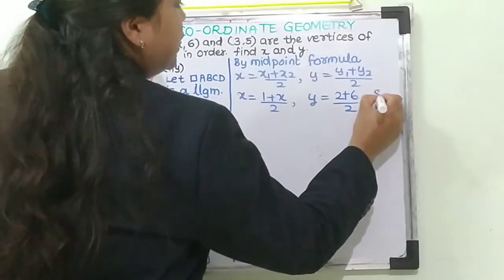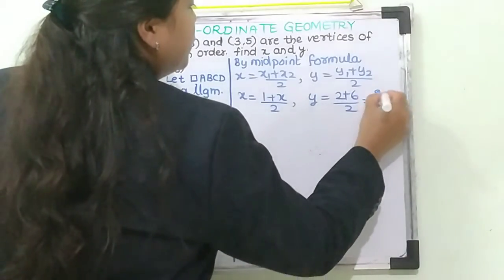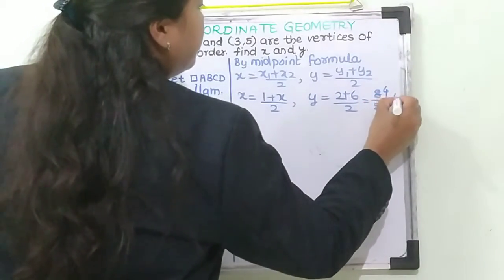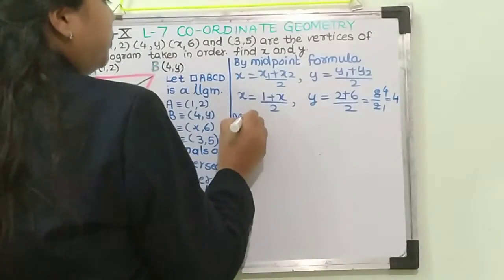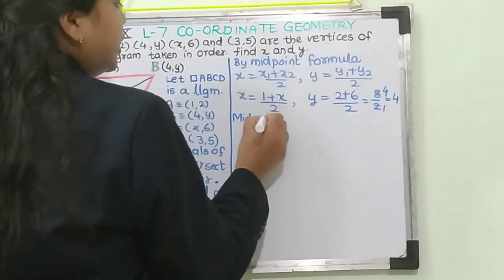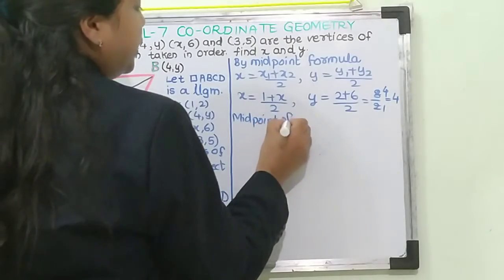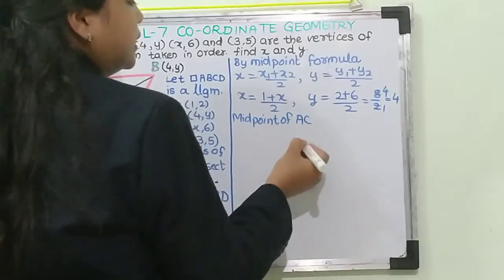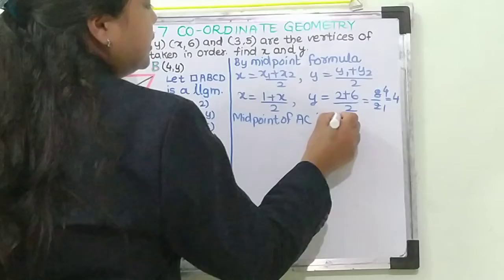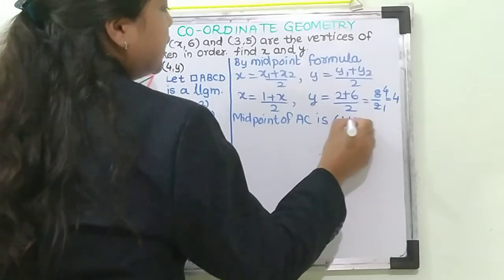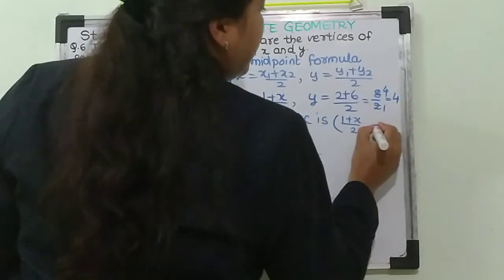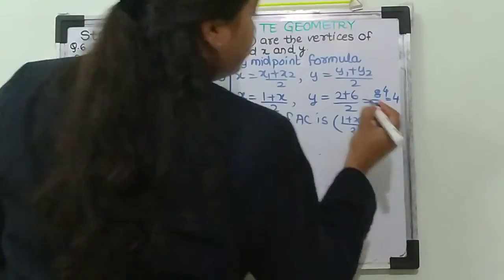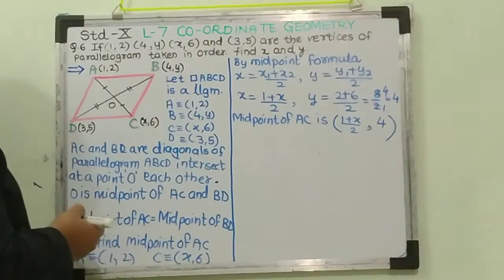So here we can write 8 upon 2, we get 4. So the midpoint of AC is 1 plus x upon 2, that is the x coordinate, and 4, that is the y coordinate.